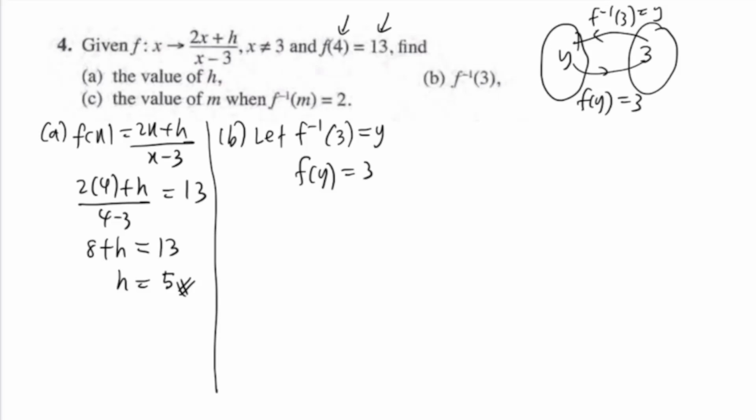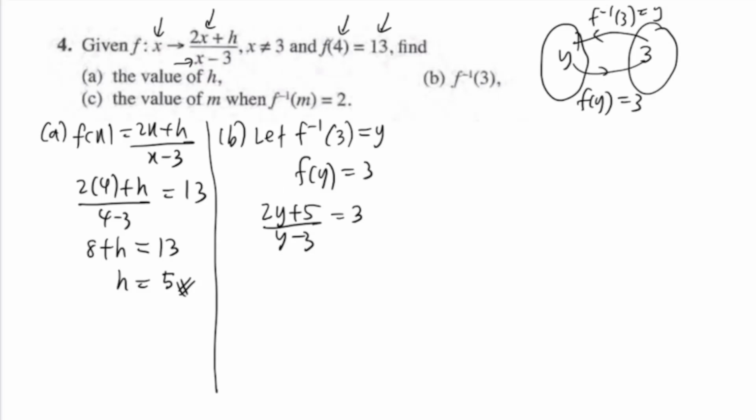I'm going to sub this inside your function f(x). Now that I know h is 5, I'm going to write 2y plus 5 over y minus 3 equals 3. Remember, if I put x here, this will be x and x. If I have y here, everything else must be in y. So this is 2y, and this is y minus 3.